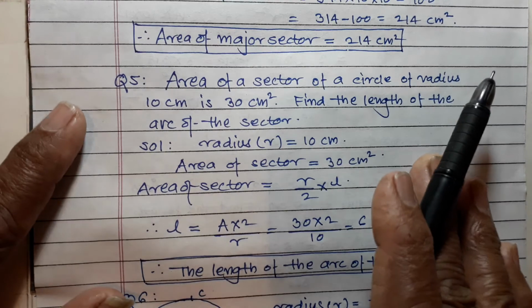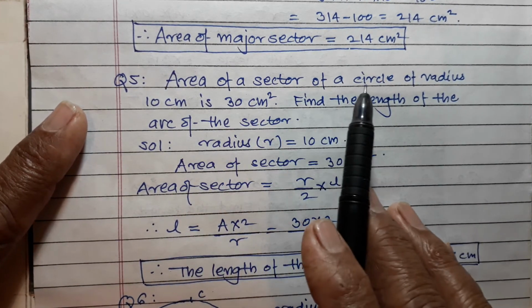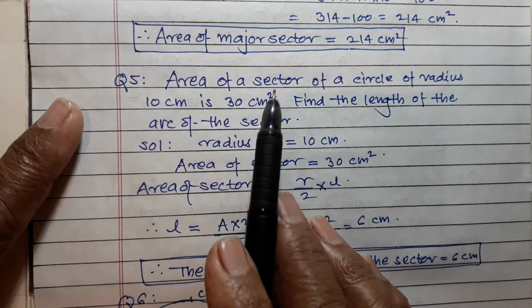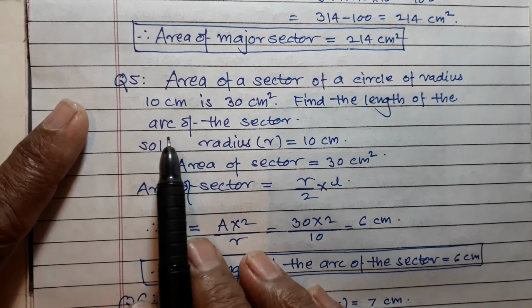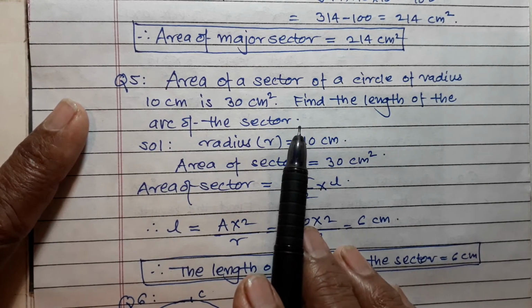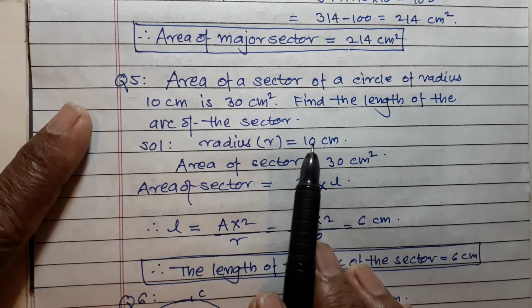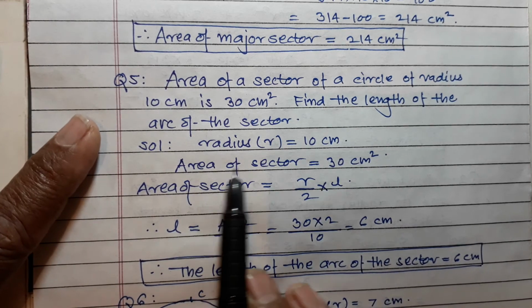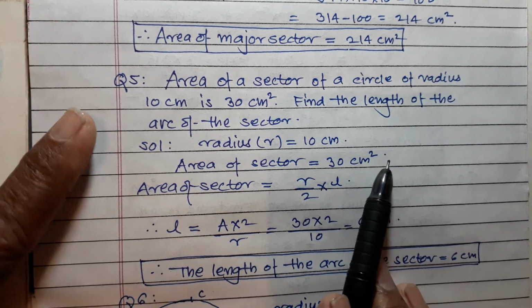Question number 5. Area of a sector of a circle of radius 10 cm is equal to 30 cm square. Find the length of the arc of the sector. Solution. Radius is equal to 10 cm given. Area of sector is equal to 30 cm square.